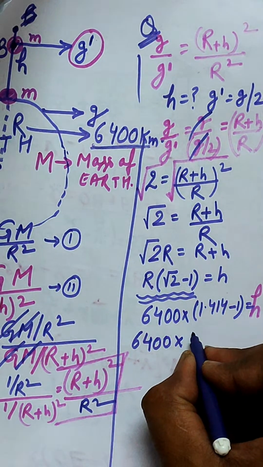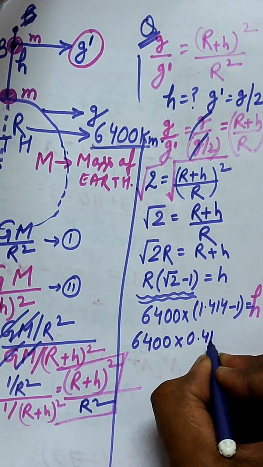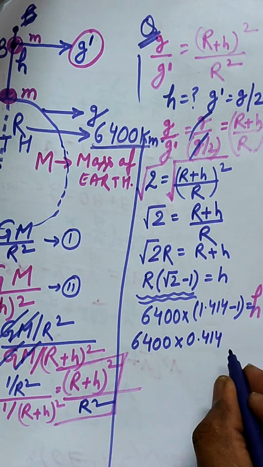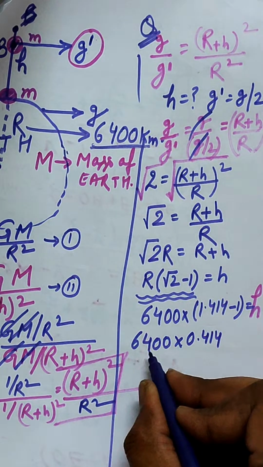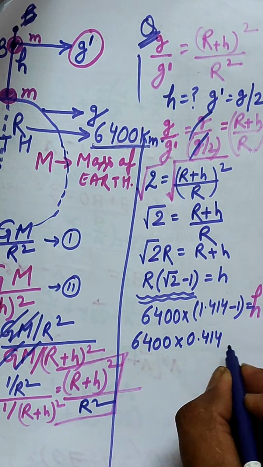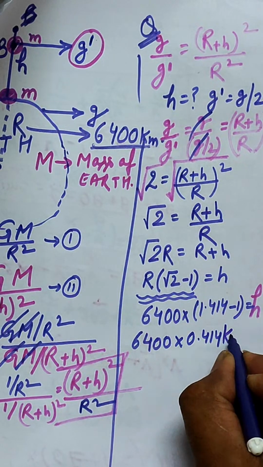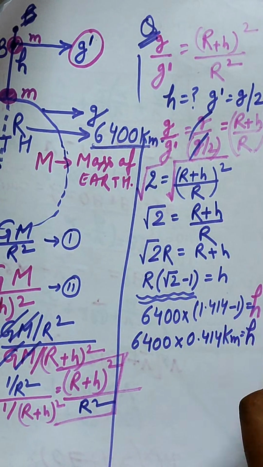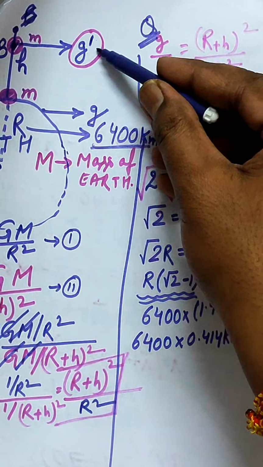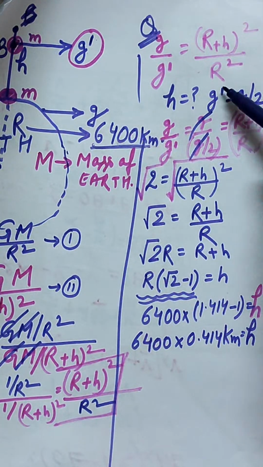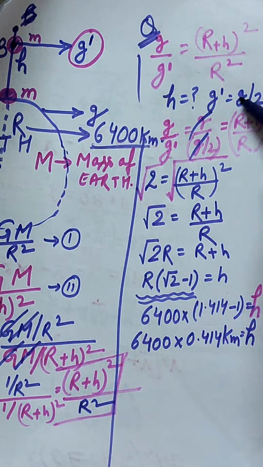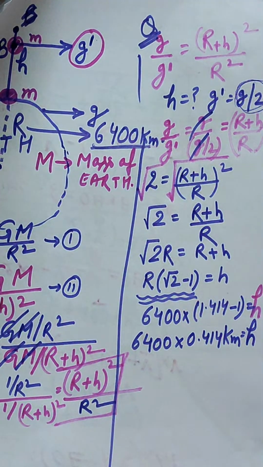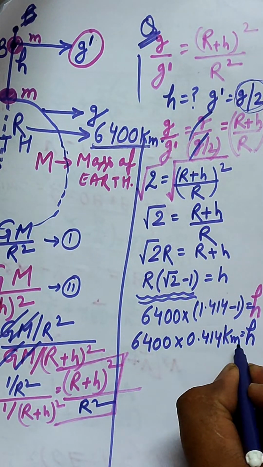So this is 0.414, right? So just multiply this 6400 with 0.414, and this many kilometers is your height h, at which the new g', that is half of the acceleration of gravity, is produced, right? It will be felt.